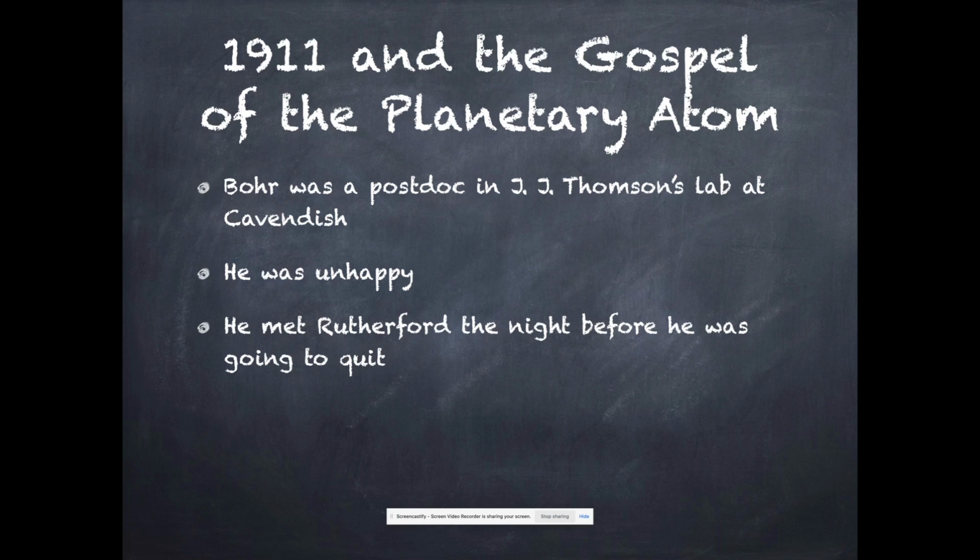I wasn't good enough to make the team," et cetera, et cetera. But they started to talk a lot. And Rutherford exposed Bohr to something that Thompson was not thinking about, and that was this planetary model. And Bohr was sold. Instead of going back to Copenhagen, he ended up going up to Manchester and spending the rest of his postdoc working for Ernest Rutherford.